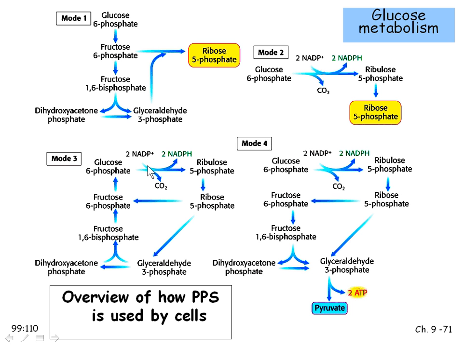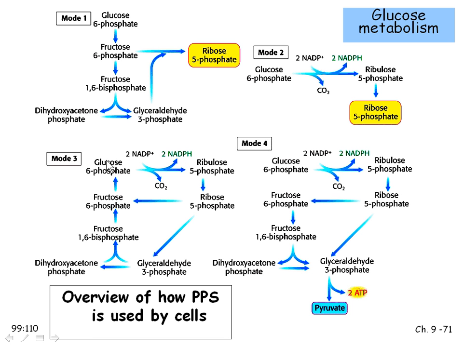Another way of doing it is to start with your oxidative phase, your 5-carbon sugars, feed them back in and run them up glycolysis. You can actually burn a glucose completely to CO2 by running this around 6 times. So that's a way to produce a lot of reducing power.